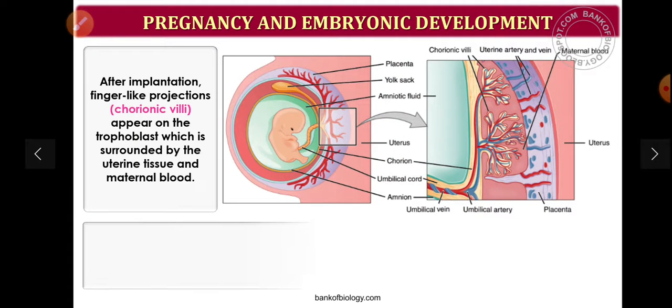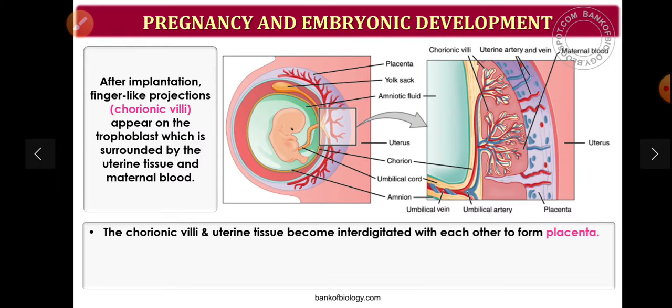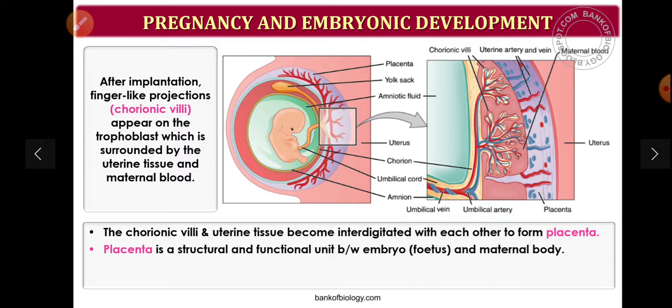Pregnancy and embryonic development. After implantation, finger-like projections called chorionic villi appear on the trophoblast, which is surrounded by uterine tissue and maternal blood.